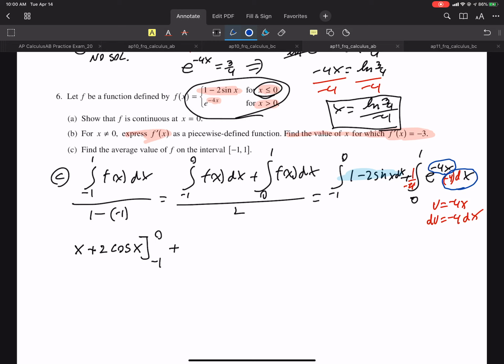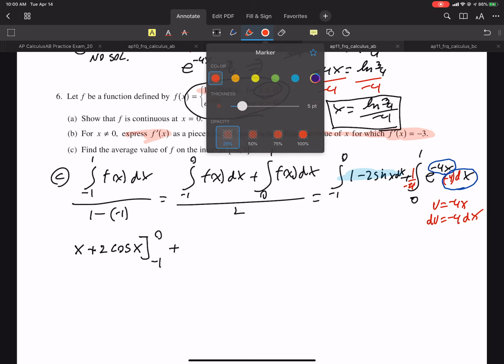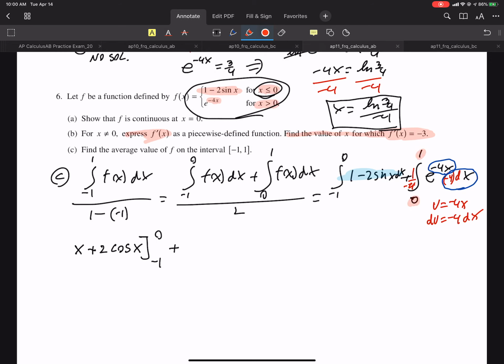One more thing that we have to consider. These are values of x to match up the dx. But our new function is going to be du. So we need to change those x's into u's. So when x is 0, u will be negative 4 times 0, or u is 0.